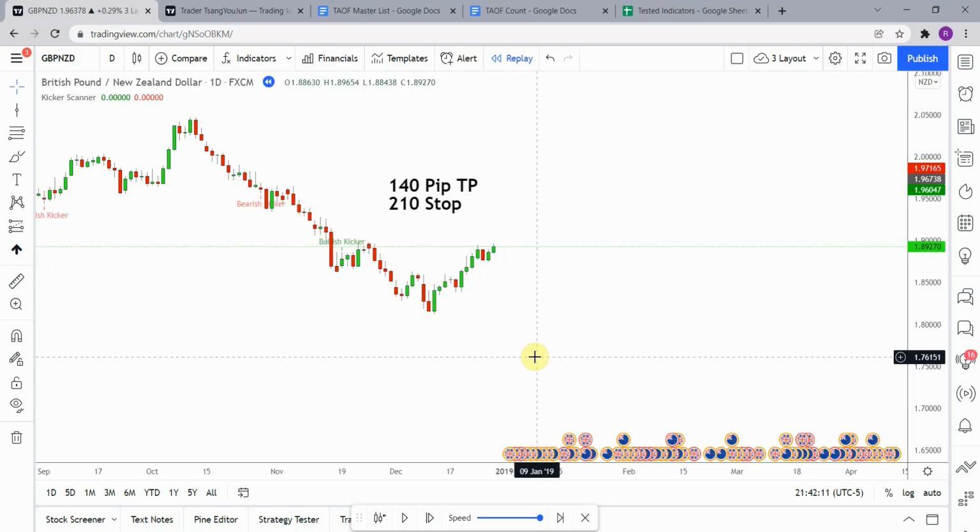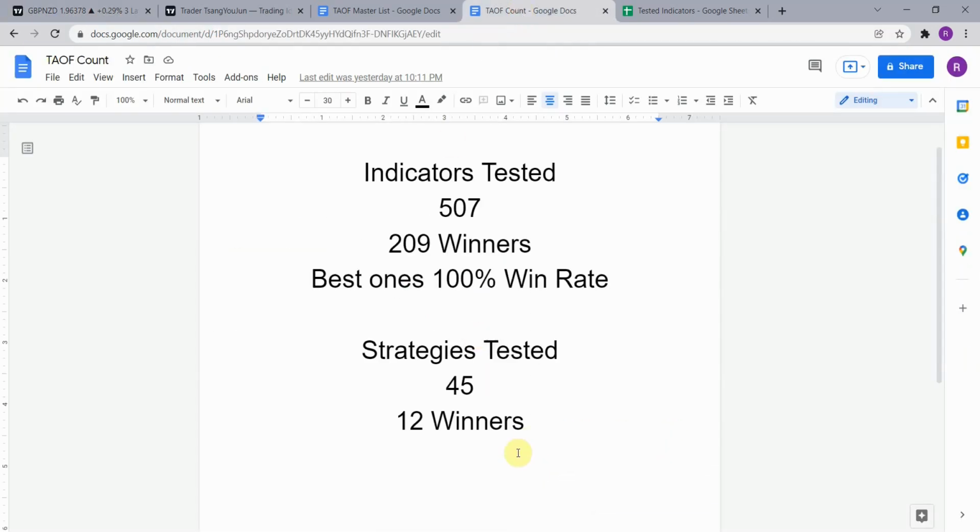Alright, as I said, today we will be testing the kicker scanner indicator. Before we do though, I wanted to put the testing scoreboard up for everyone to see. So to date, we have tested a total of 45 different strategies, with 12 of them being winners. We've also tested a total of 507 indicators, with 209 of them being winners.